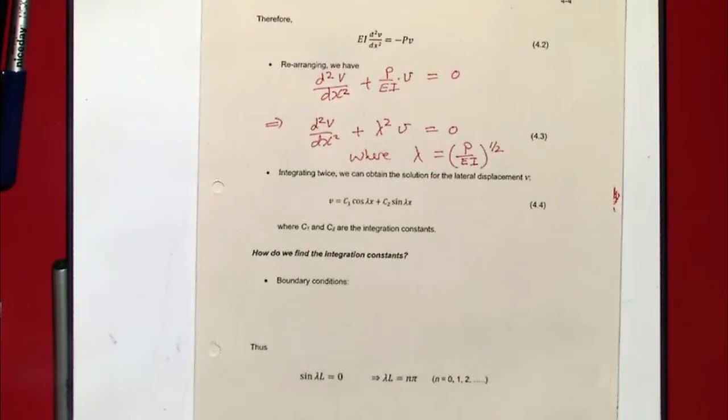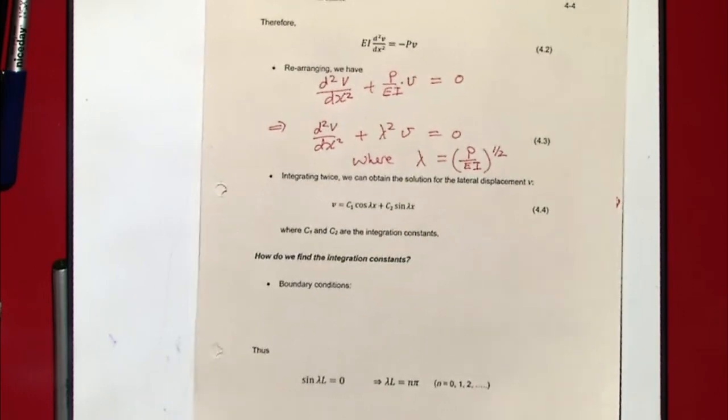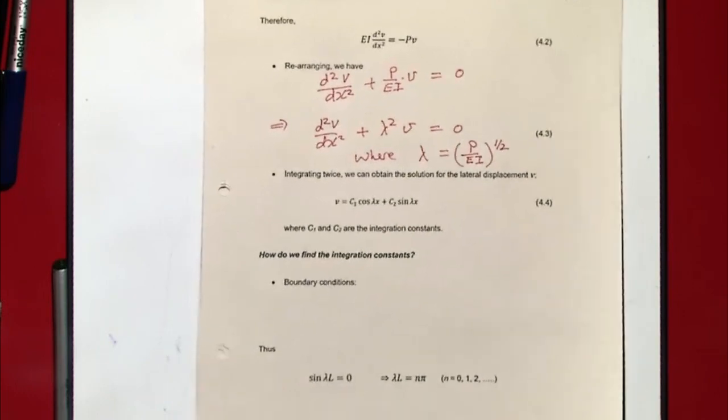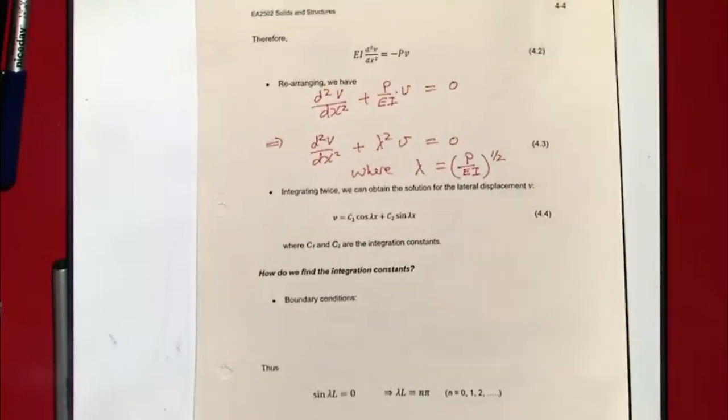Now we have two unknown constants because it's a second order differential equation, and we want to find what those two values are. I'm going to go back to the diagram, and I want you to tell me what boundary conditions we need to be able to find C1 and C2.